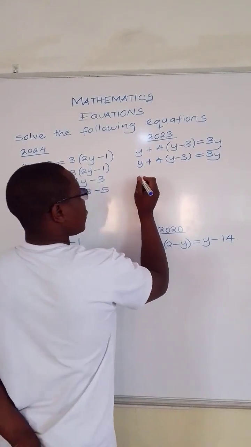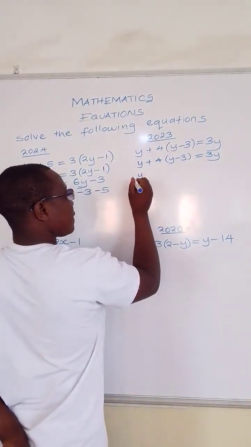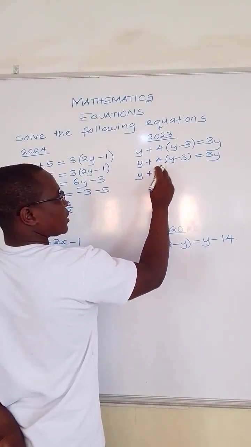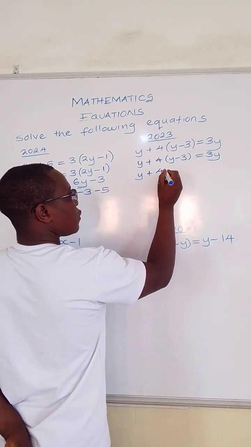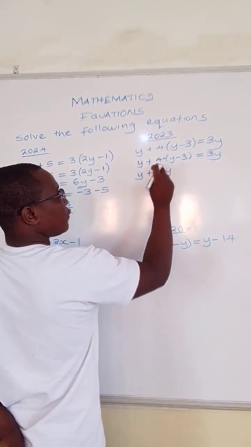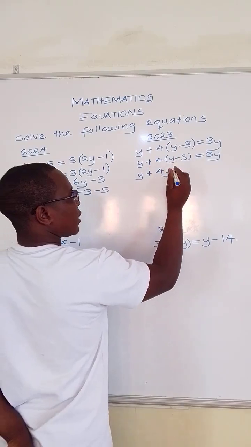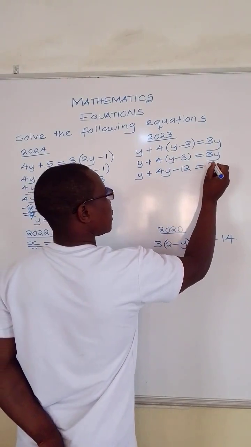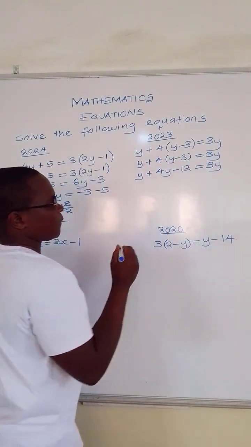Okay? So we have y plus 4 times y, you get 4y. 4 times negative 3, you get negative 12 is equal to 3y.